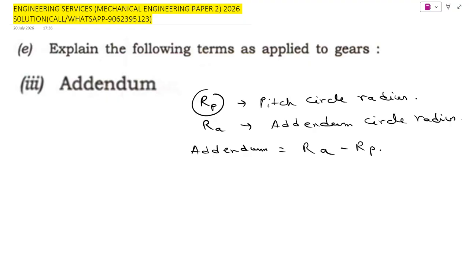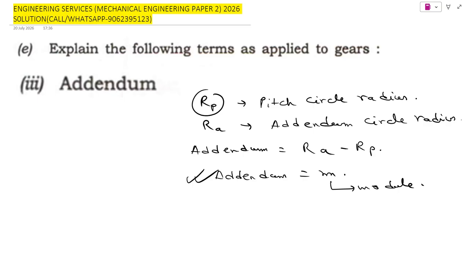For standard involute gears, addendum is equal to M, where M is the module. This is one of the most important formulas in gear geometry. For a standard involute gear, addendum is module. Remember that. This is very important.